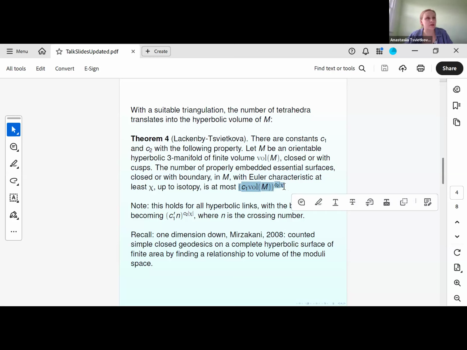This is exponential in Euler characteristic. So if you compare this, for example, with the Kamin-Markowitz result, there the constant depends on the manifold. Here the constant is universal, so you really have one bound for all hyperbolic three-manifolds. The constant only depends on the Margulis constant, which is the same for all three-manifolds. And in a way, this is, I guess, surprising.